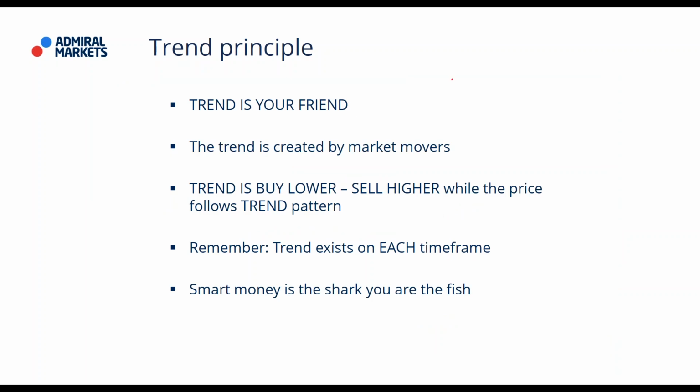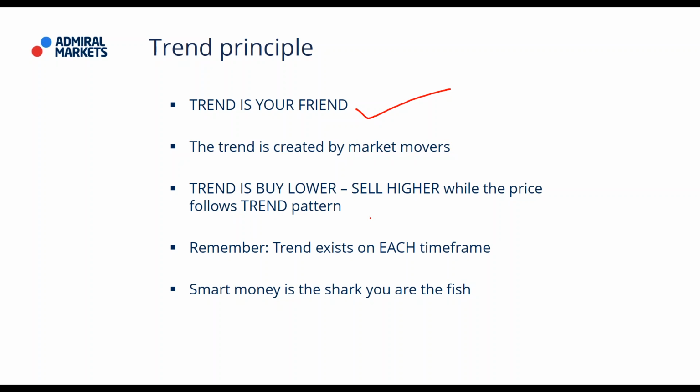So the main principle is trend is your friend. Trend is your friend because the trend is created by market movers: institutions, big investment houses, big investment firms, money remittance companies, general transactions between countries. But let's say that big hedge funds can also move the market.